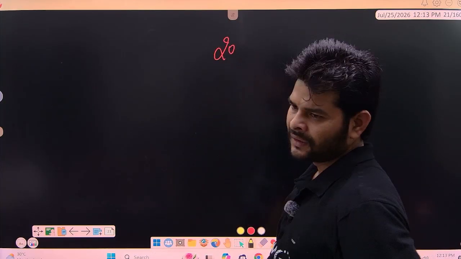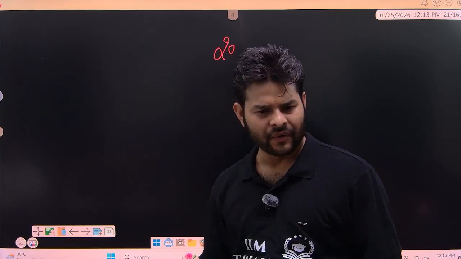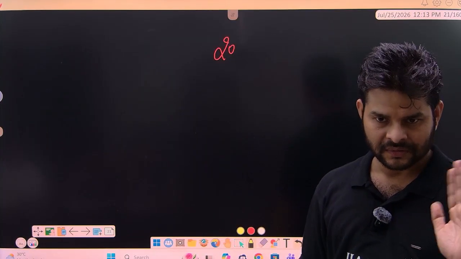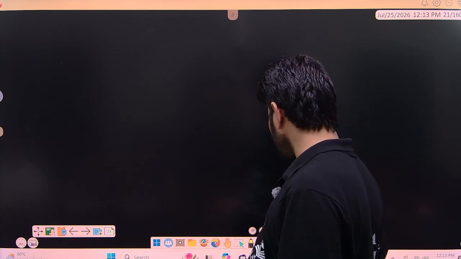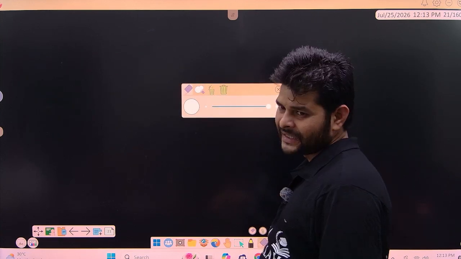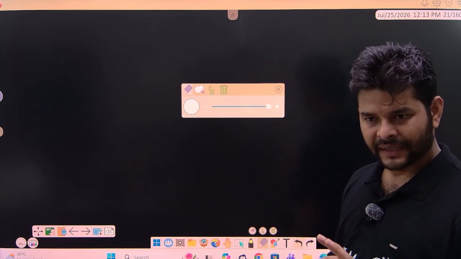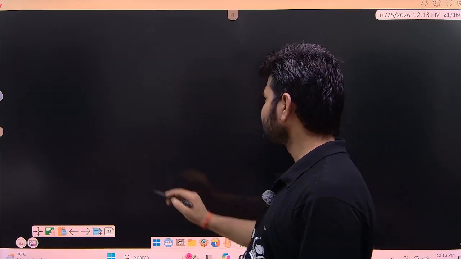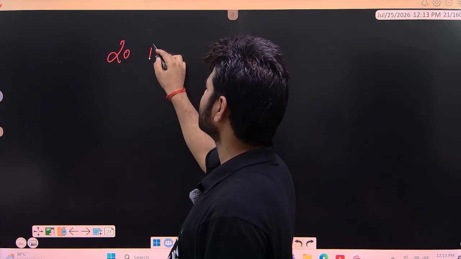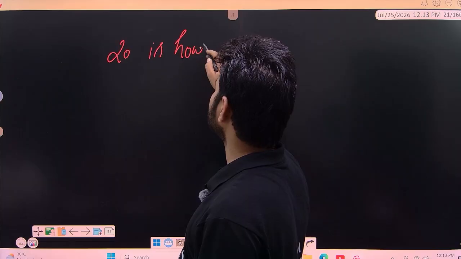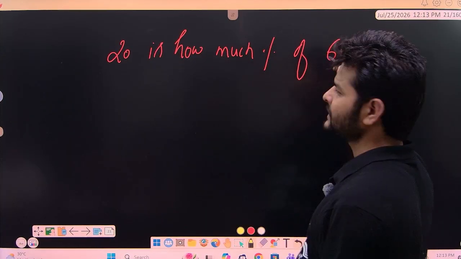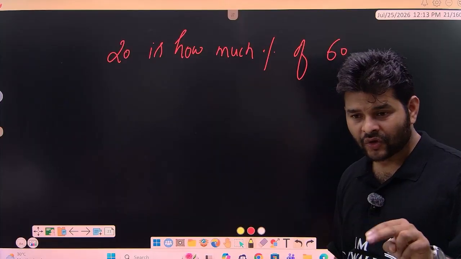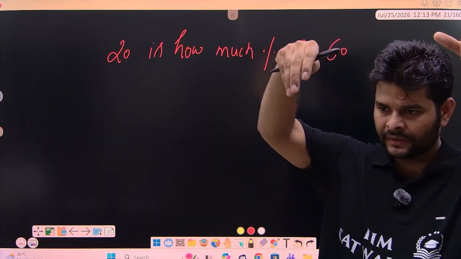If I am asking you, 20 is how much percent of 60? There is a difference in language. Now I am not asking how much percent less than or greater than. It is a basic simple question: 20 is how much percent of 60? Now you need not get the difference.